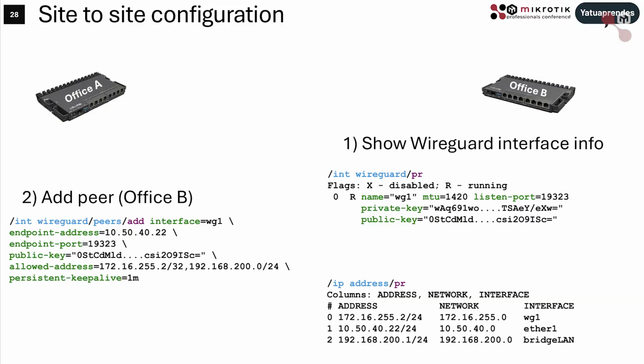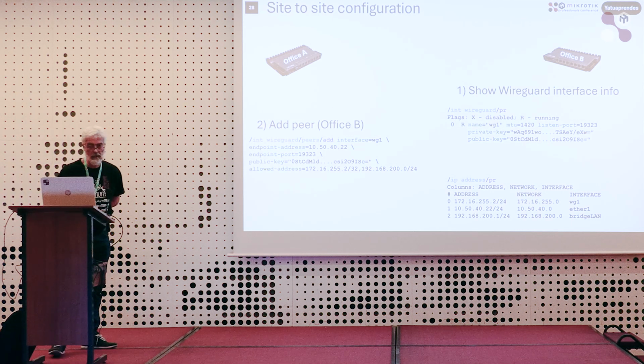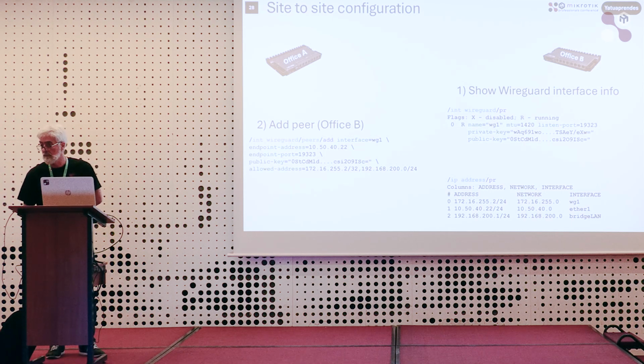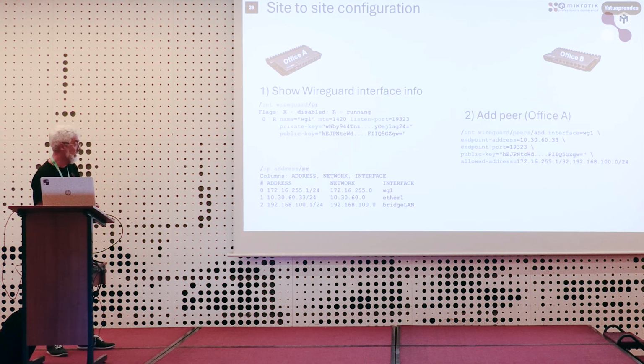And also the Office B subnetwork we put in allowed address. In Office A, this allowed address is like an access control list, okay, to go through the tunnel.